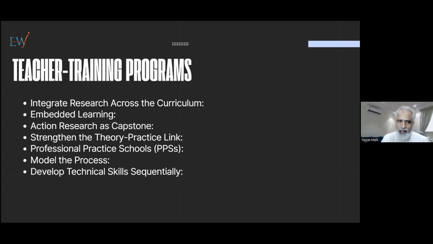Teacher training programs can integrate research across the curriculum, starting from small steps, with simple readings, going on to collaborative work among training teachers, and then slowly increasing the level of complexity, so that when the trainees reach the last level, they are willing to start even a small-scale research project, a research report, a simple paper, something like that.